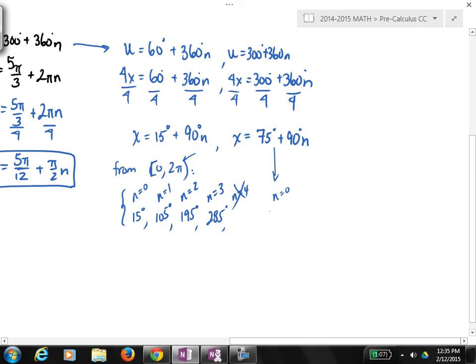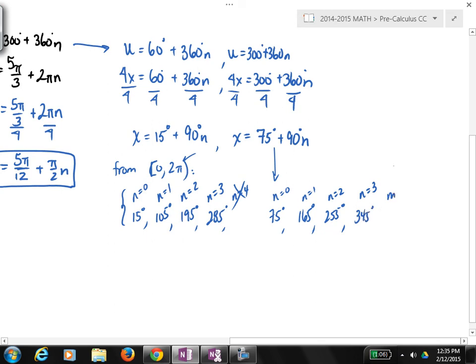n equals 0, I get 75 degrees. n equals 1, I get, what is that, 165. n equals 2, 180 plus 75, 255. n equals 3, 345, thank you.